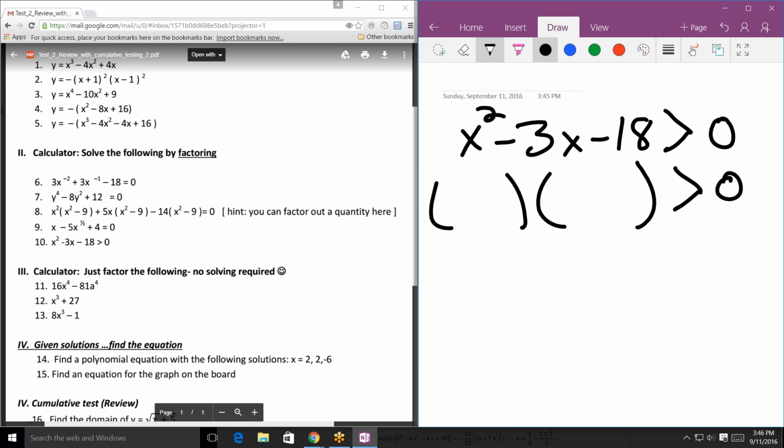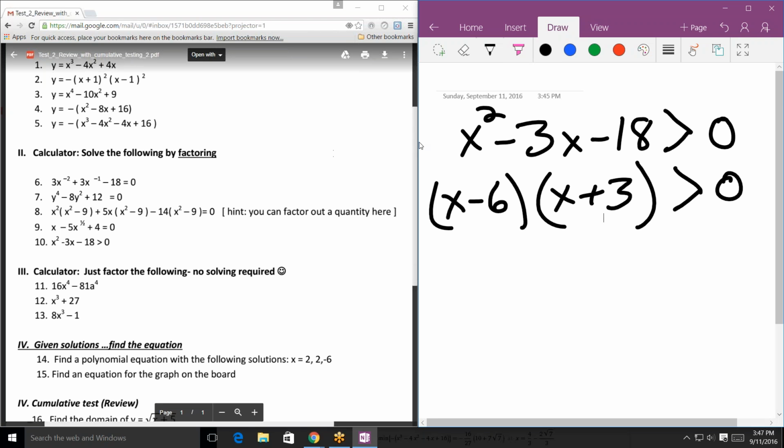So you should get x plus 6, x minus 3. X minus 6, x plus 3. Remember that the biggest factor has to go with the sign of the middle term. Well, the biggest factor is 6, so it has to go with the negative sign.